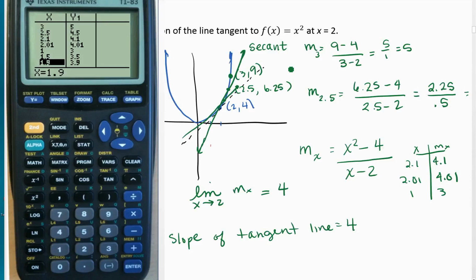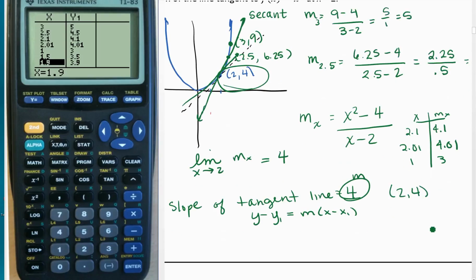Now, hopefully you remember from pre-calculus or algebra that we can use the point slope form, y minus y1 equals m times x minus x1. Well, we have our slope, our 4, and our point is going to be this point right here that's on the tangent line, 2, 4. So when we plug that in, we've got y minus 4 equals 4 times x minus 2.